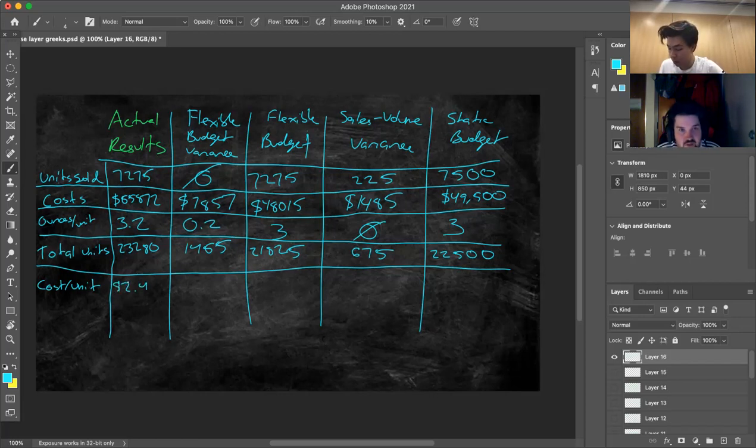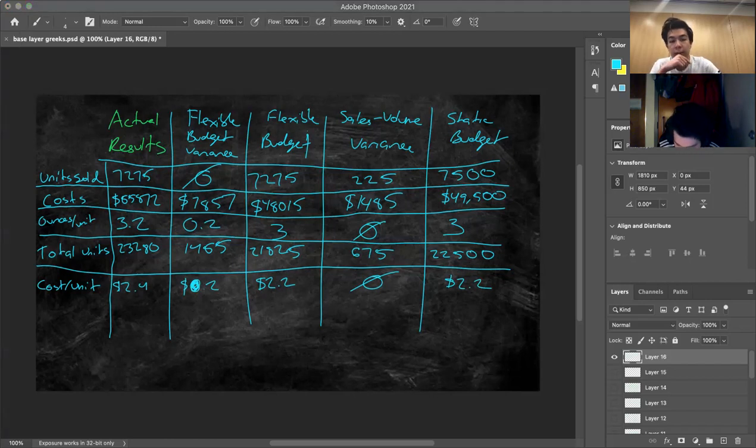And for the total units for the static budget, is it 3 times 7,500? Yep. Okay. Is that 0.2? It's the difference. Okay.